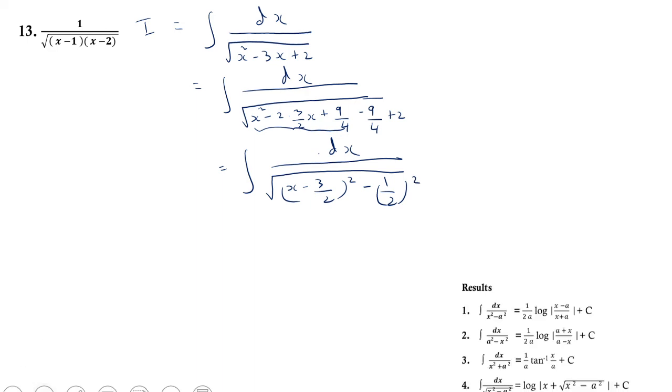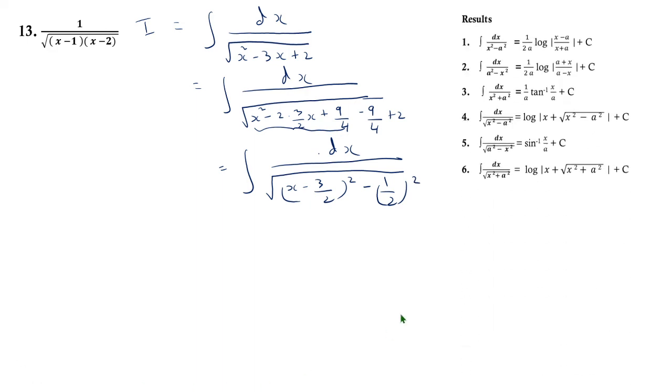So we have integral dx by square root of x square minus a square is equal to log mod x plus root of x square minus a square plus c. You can use this result here. In place of x we have x minus 3 by 2. In place of a we have half.